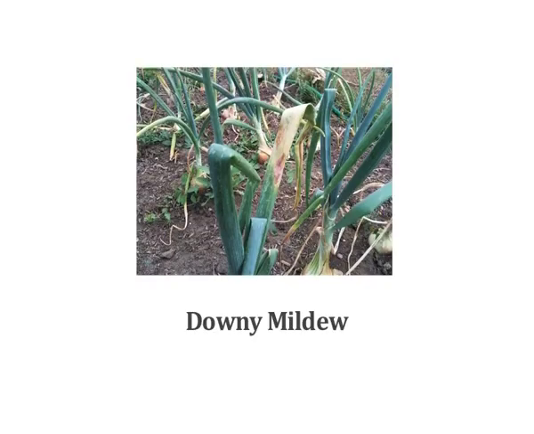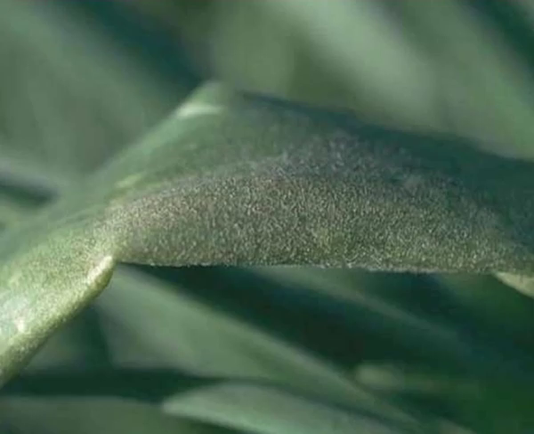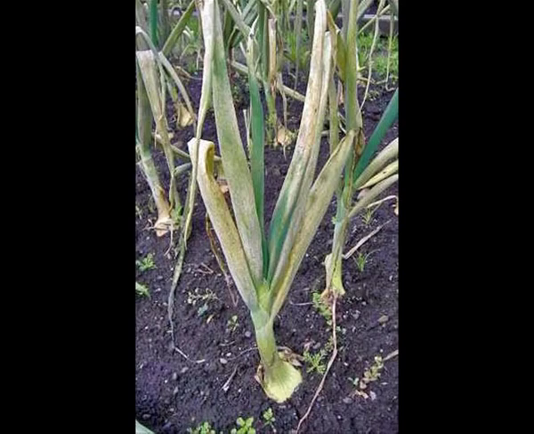Now coming to the next important disease, that is downy mildew. This disease can be recognized when infected plants show circular to elongate lesions and infected stalks break over with the weight of the seed umbel, thereby causing the seed to shrivel.